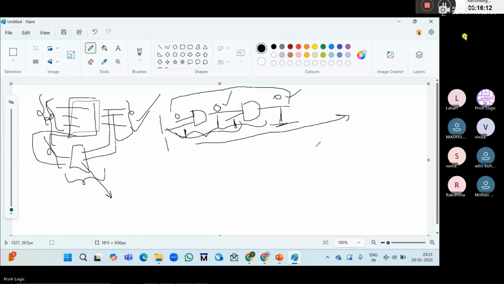In random access memory, we have two types: RAM, ROM, and one is volatile, one is non-volatile. You already know the difference between volatile and non-volatile, right? And coming to the sequential access memory, we have FIFO, LIFO. We are going to design FIFO, RAM, ROM in Verilog.